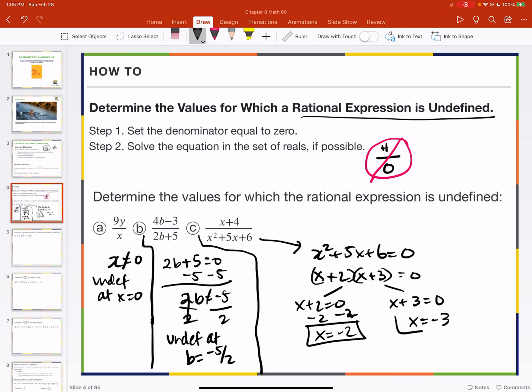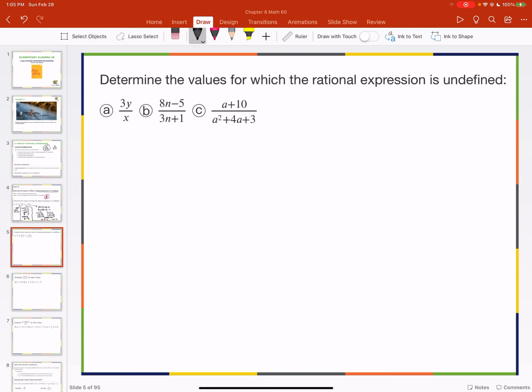So these are both undefined at these values. Some people write undefined at this value, or you can just say x cannot be -2, x cannot be -3. That's the same idea. Okay, I think we've done enough of these.